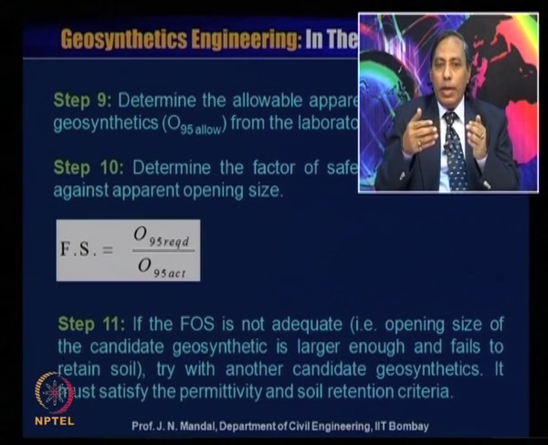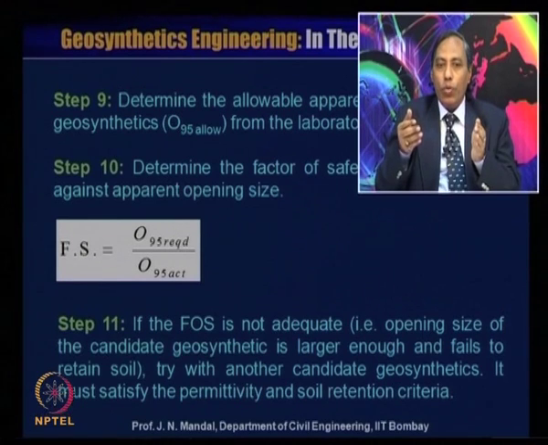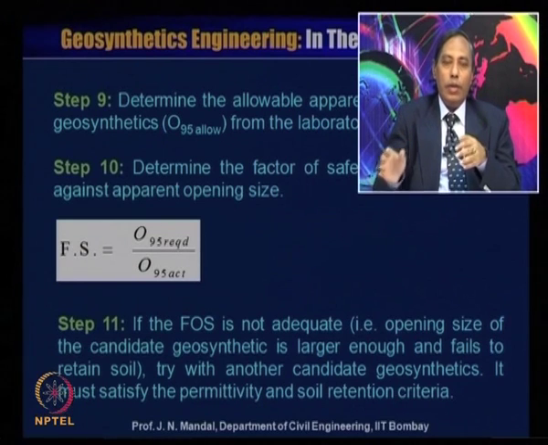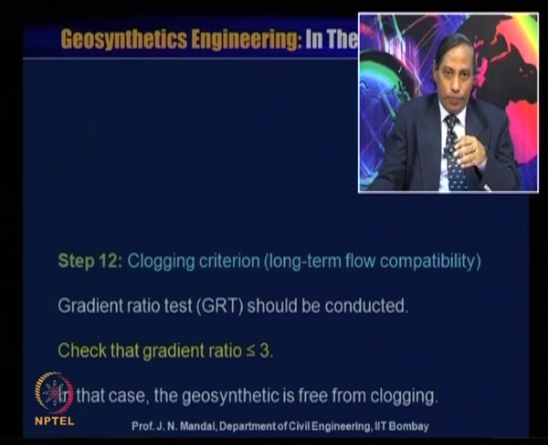Then step 11, if the factor of safety is not adequate, that means the opening size of the candidate geosynthetics is too large and fails to retain the soil. You can try another candidate geosynthetics material.